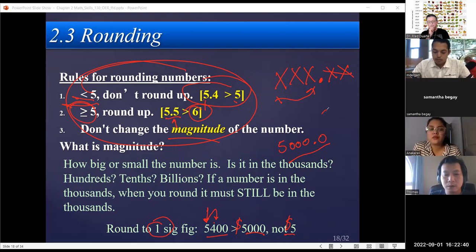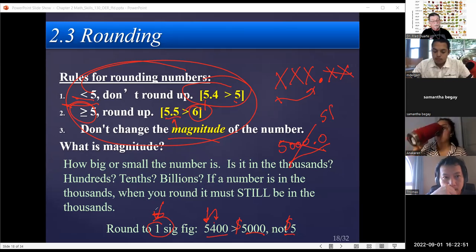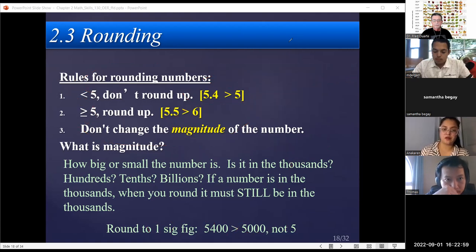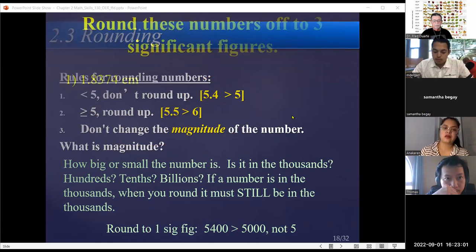So we changed the sig figs. That would be incorrect, because the question said we want just 1 sig fig. If the question said put it in 5 sig figs, then you'd be correct. So don't change the magnitude of your answer.